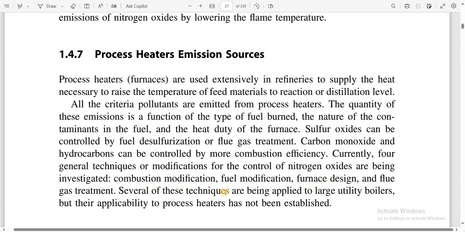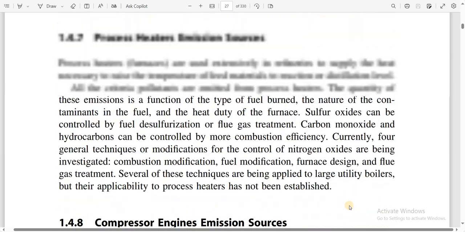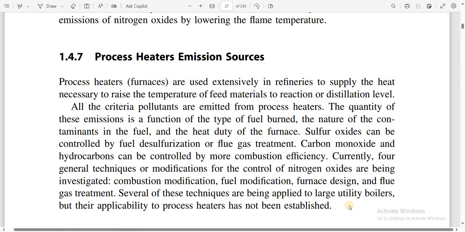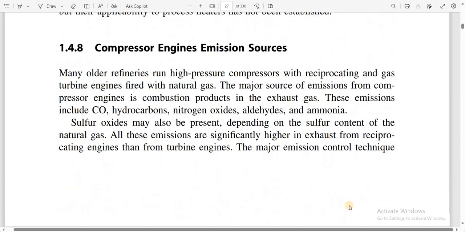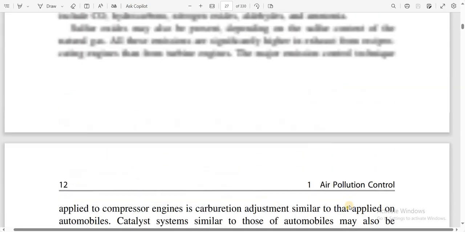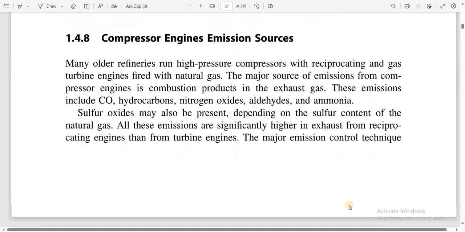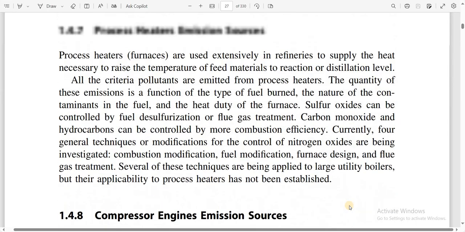Several of these techniques are being applied to large utility boilers, but their applicability to process heaters has not been established. So in this way, that covers the process heater emission source.